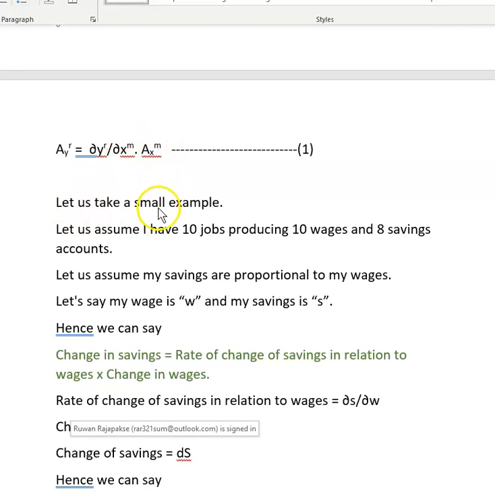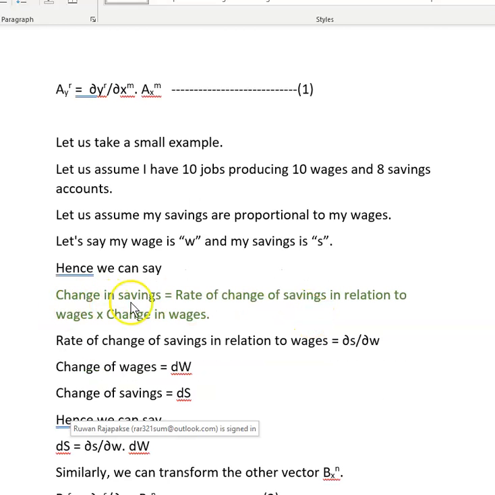Let us take a small example. I created this example. Let us assume I have 10 jobs producing 10 wages and 8 savings accounts. Let us assume my savings are proportional to my wages. Let's say my wage is W and my savings is S. Hence we can say the change in savings is equal to the rate of change of savings in relation to wages times the change in wages.